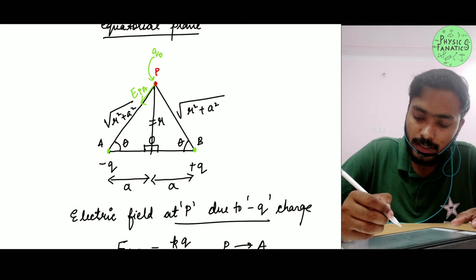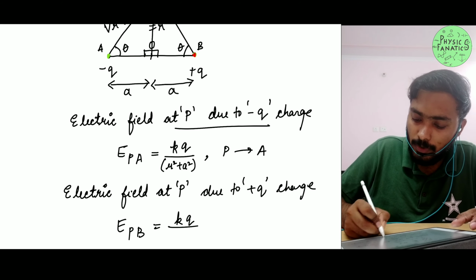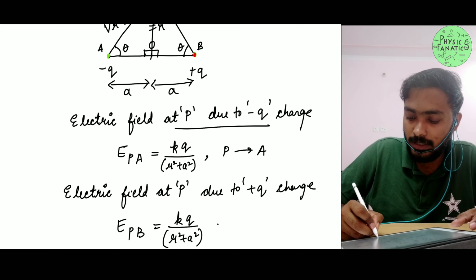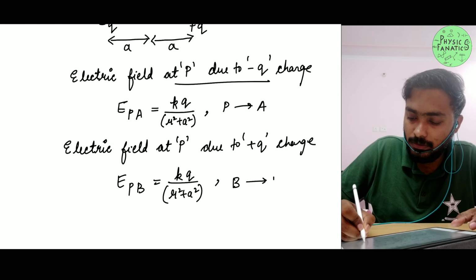So due to plus q charge, electric field will be, because this q naught charge is going to experience a force away from it, so let me call it electric field at P due to B will be in that direction. Yes or no? I hope that's understandable, right? Or very nicely I can write it here, electric field at P due to B is simply given as KQ upon again r square plus a square, because root and square will cancel out, right? And direction is from B to P.